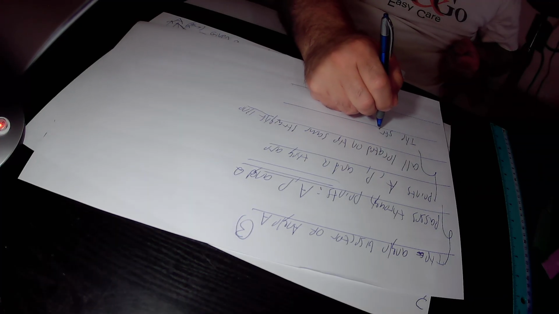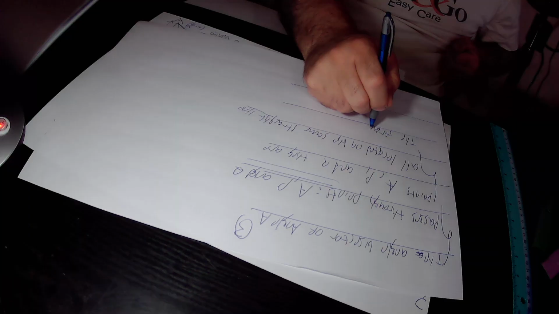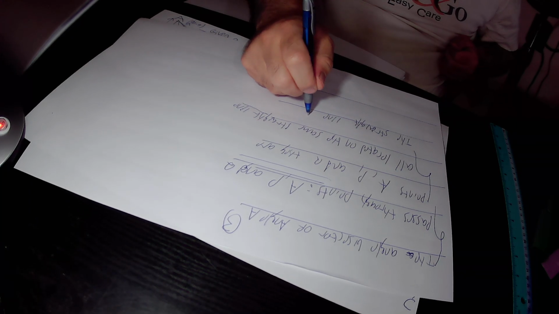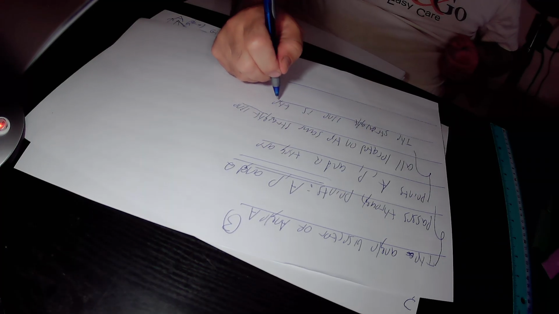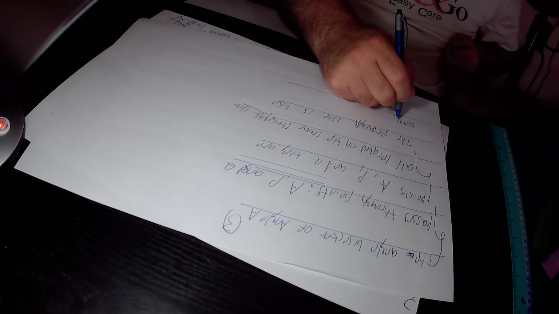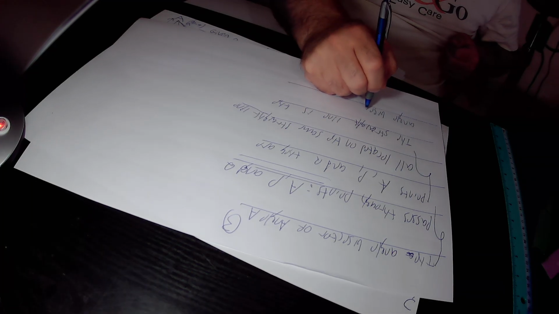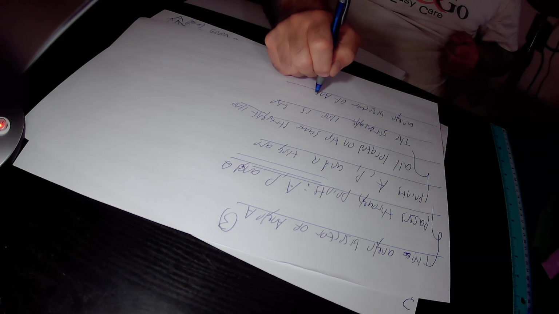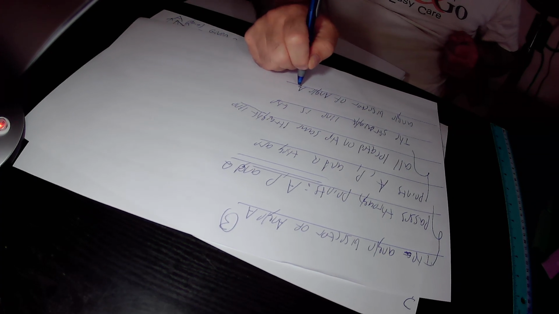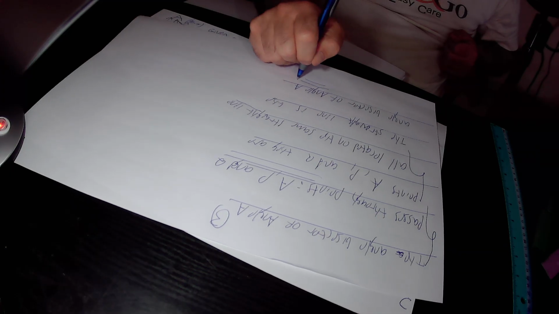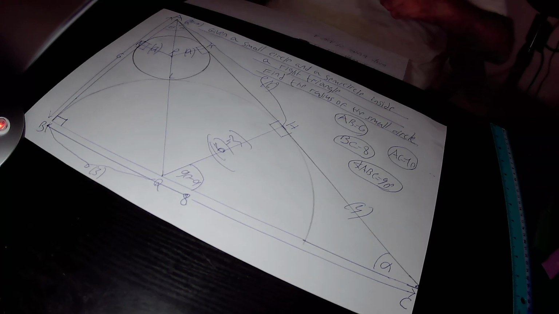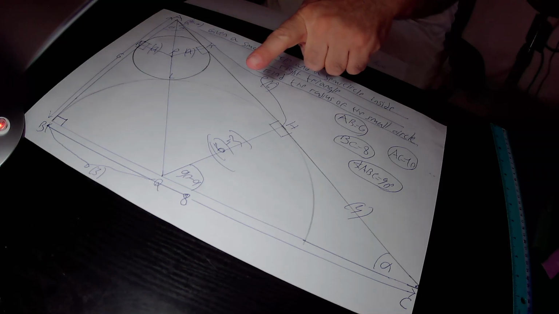The straight line is the angle bisector of angle A. Okay, or we can also say that line segment APQ is one straight line.